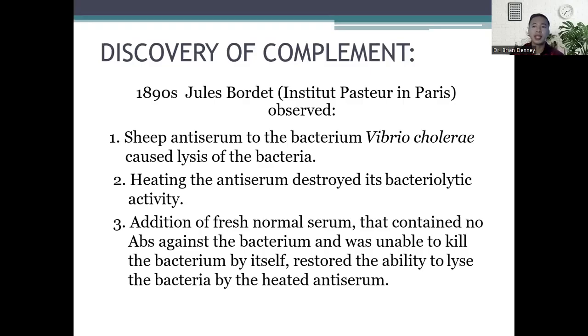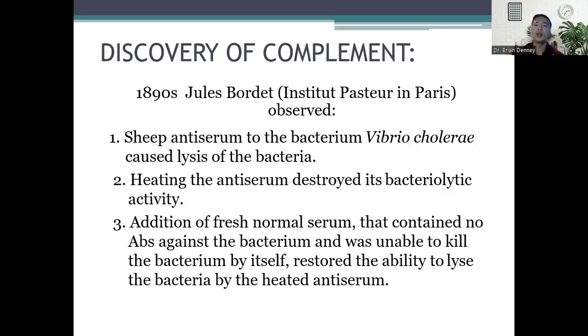Since these antibodies are specific to the antigens found in the Vibrio cholerae, these antibodies would get rid of those antigens. And so it causes lysis of the bacteria. Again, sheep anti-serum added to the bacterium Vibrio cholerae causes lysis of the bacteria.